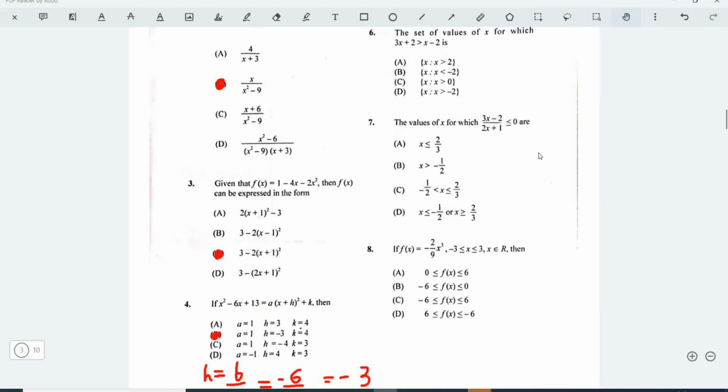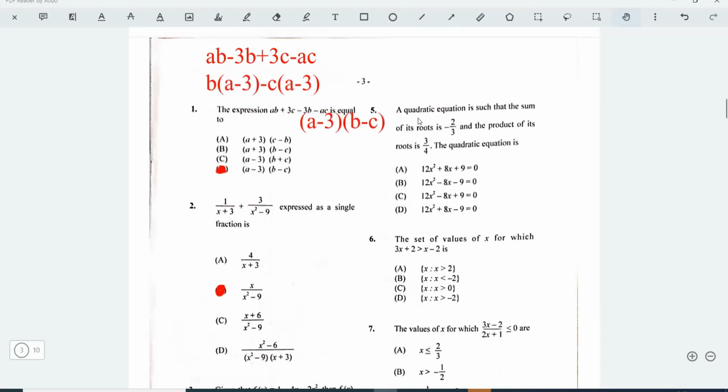Continuing. Question 5, it says a quadratic equation is such that the sum of its roots is minus 2 over 3 and its product is 3 over 4. What is the quadratic equation? Remember that a quadratic equation can be written in the form x squared minus the sum of the roots times x plus the product of the roots equals 0.